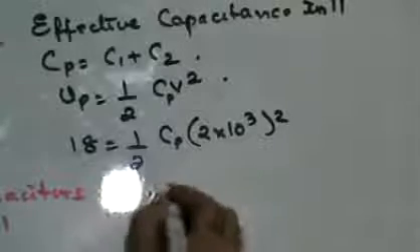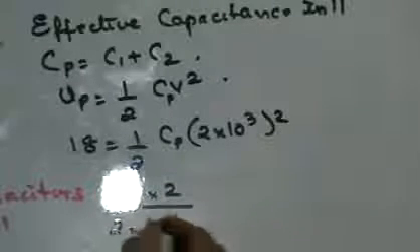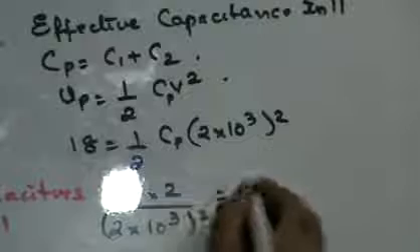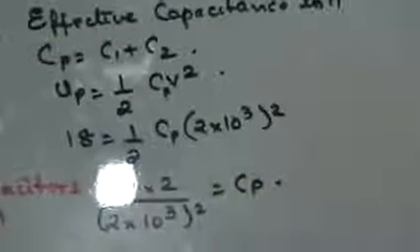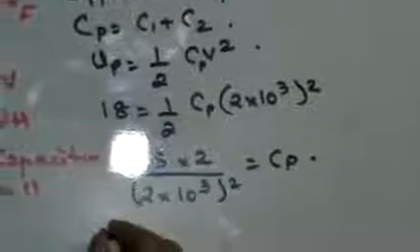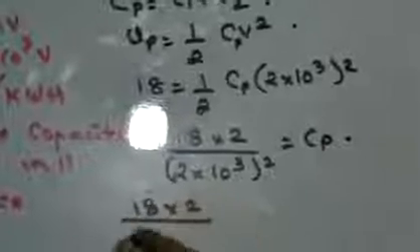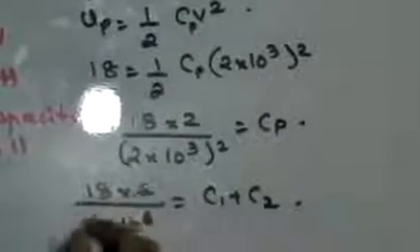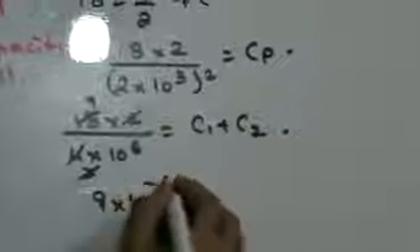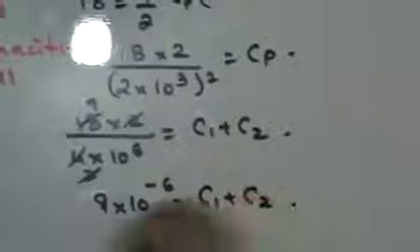So I'll get 18 into 2 upon 2 into 10 raised to 3 the whole square is equal to Cp. So this is 18 into 2 upon 4 into 10 raised to 6 is C1 plus C2, which gives 9 into 10 raised to minus 6 is C1 plus C2.